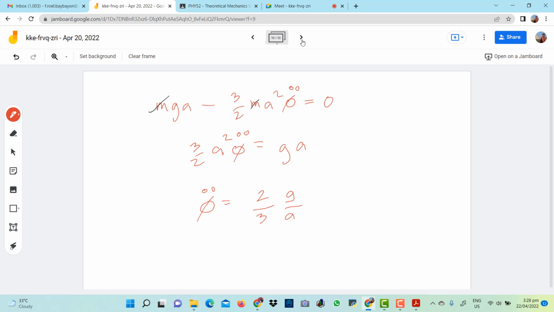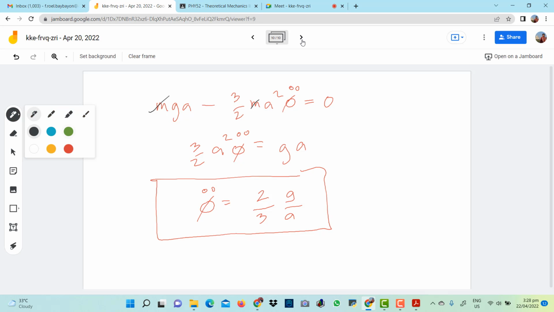So this will be your phi double dot, and this will be the equation of motion for this one. 2/3 g over a, since you can cancel out one a. So we have g over a.